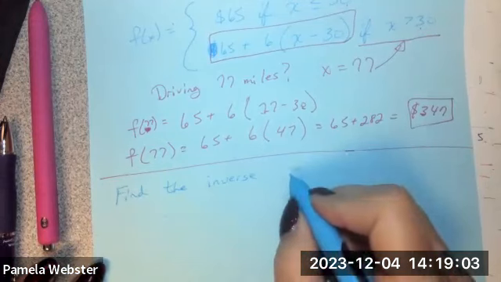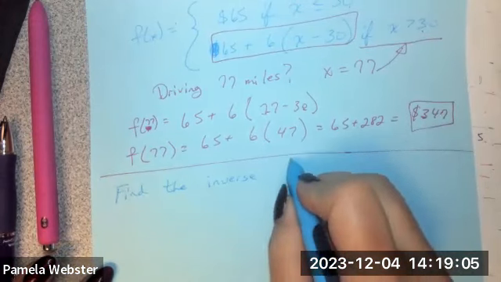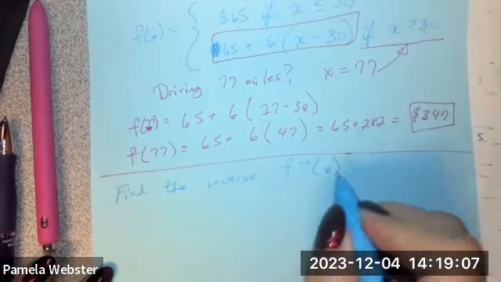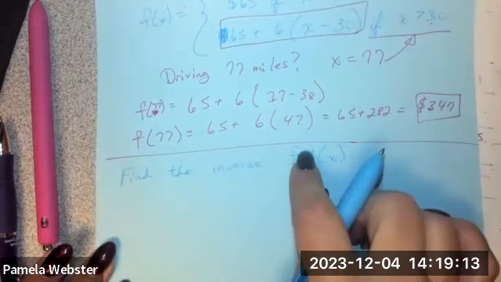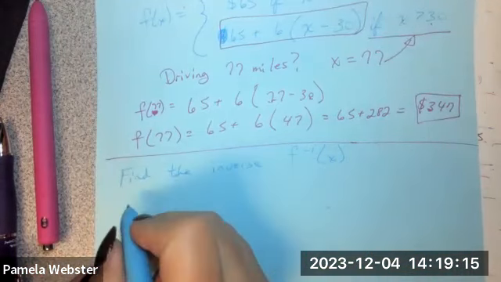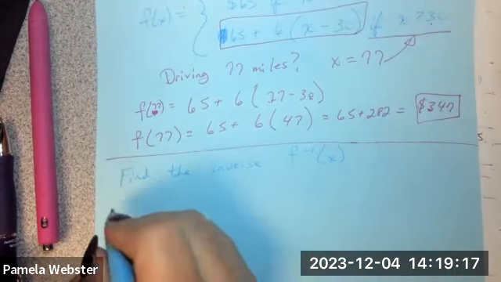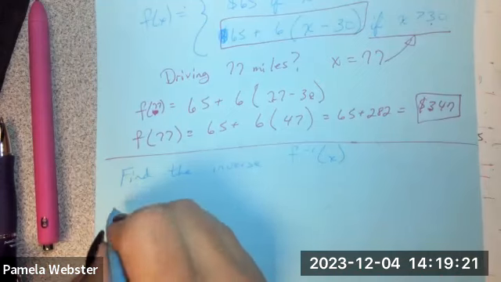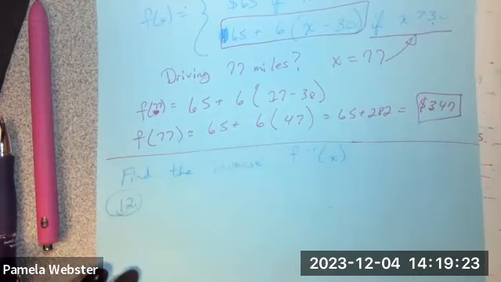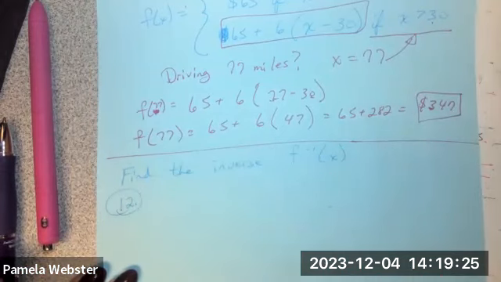Okay, it's one of the things we learned how to do, and it will certainly be on the final exam for us. Find the inverse function, and remember this is the notation, f to the -1 of x. We're going to do number, I don't care. Let's do 12. It's a little bit more complicated than 11. Okay, and we'll work it out and see where we are.